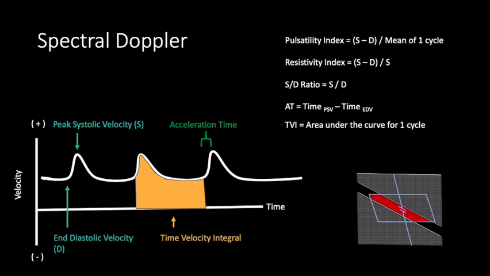We can then take the product of the time velocity integral and a cross-sectional area, say of the aortic valve, and this would calculate a volume for us. So if we're using our example of the aortic valve and we take the TVI and multiply it by the cross-section of the valve, that would actually give us a stroke volume, which can then be multiplied by our heart rate to give us the value of cardiac output. Now, do I expect you to be able to calculate these or even memorize the formulas?